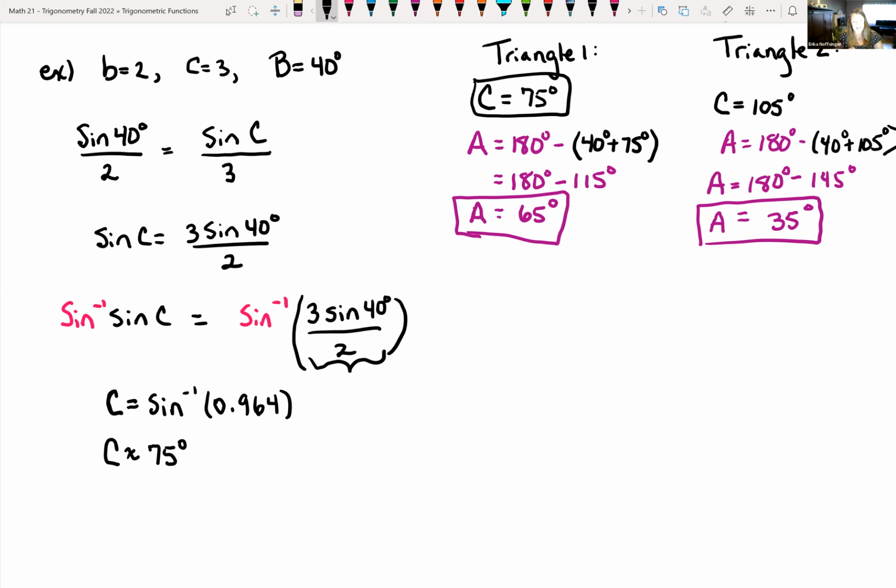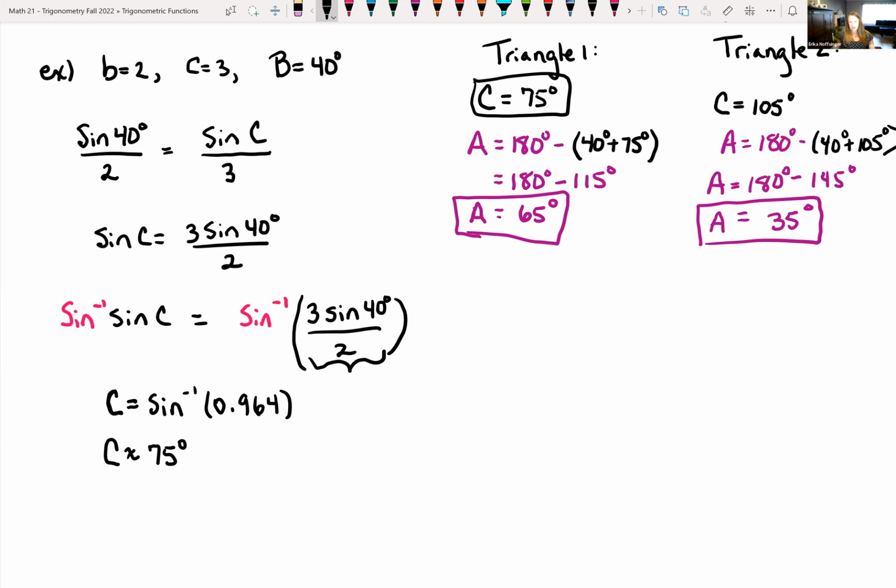And we would get an error in our calculator because we know our sine function's range is between -1 including and 1 including. And that would be falling out of the range, which is our domain of our inverse function. And so we would get an error there and no triangle would exist.